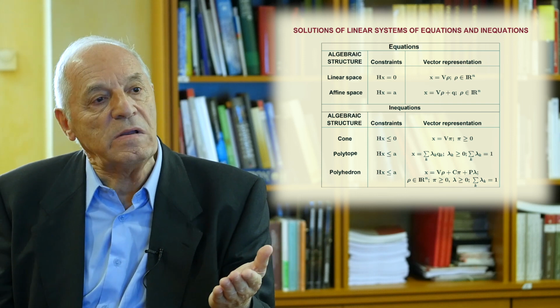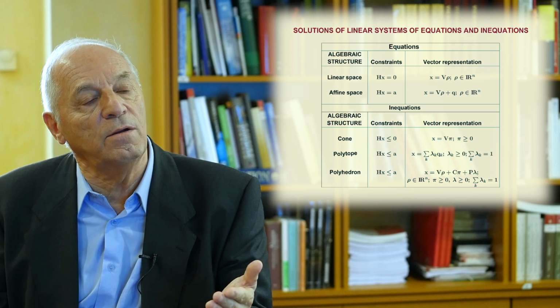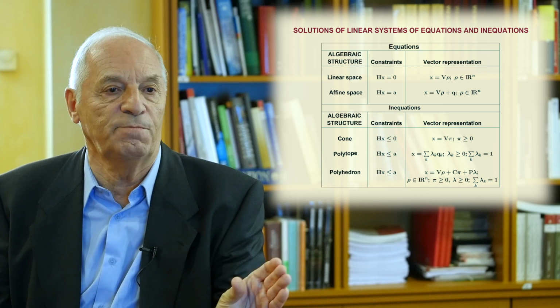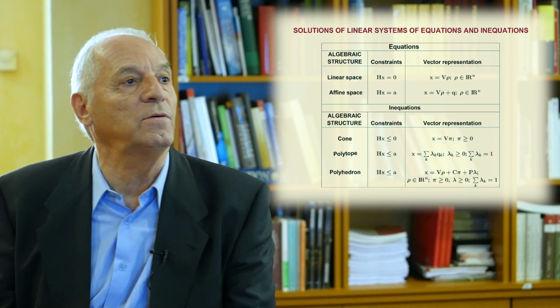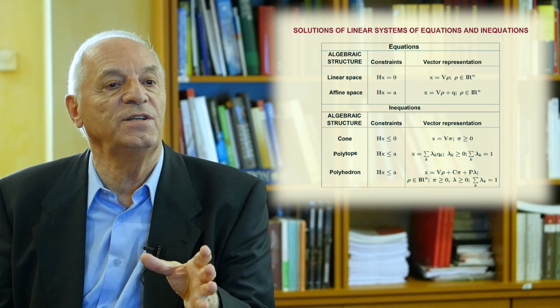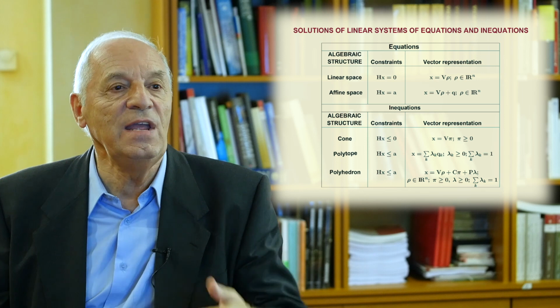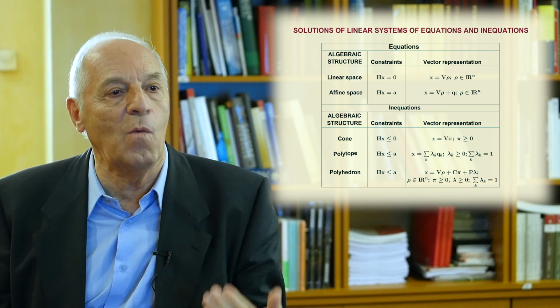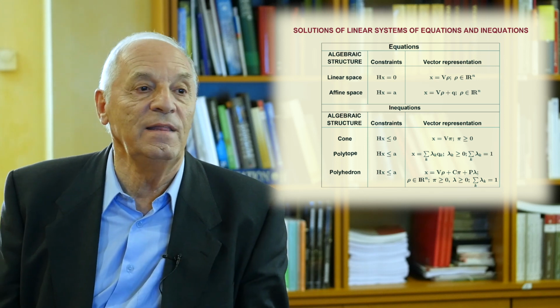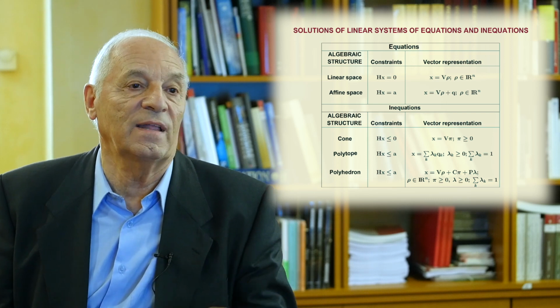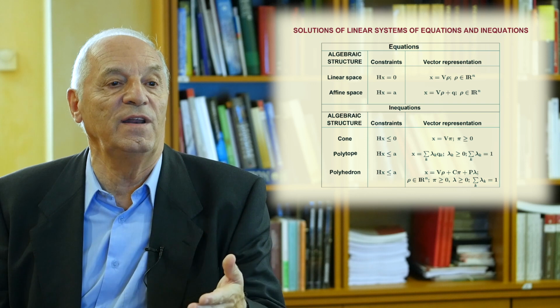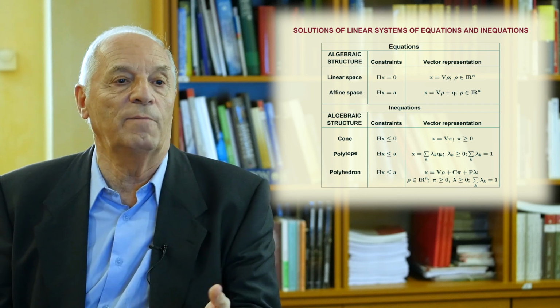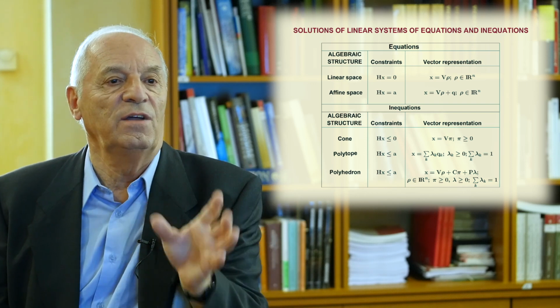I define a polyhedron here as the sum of a linear space plus a cone plus a polytope. It is very interesting to discover that any linear system of inequalities is equivalent to a polyhedron. You can get particular cases in which you don't have a linear space, or you don't have a cone, or you don't have a polytope, but the general form has the three components.